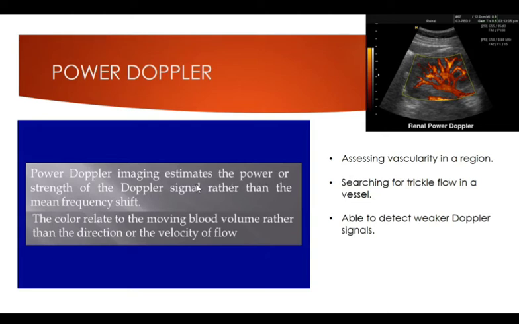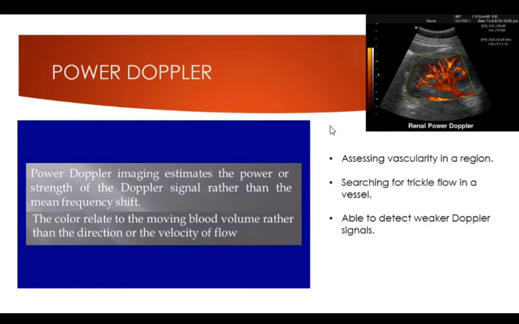What's displayed is the power or the strength of the Doppler signal at each point, and it determines what color will be displayed. And it's really useful because the color relates to the moving blood volume more so than the direction of the blood.